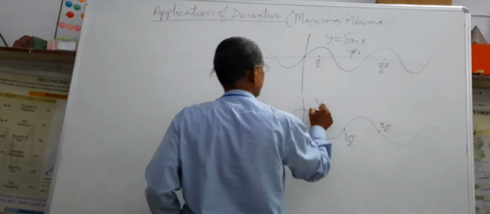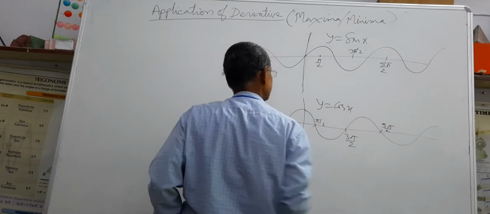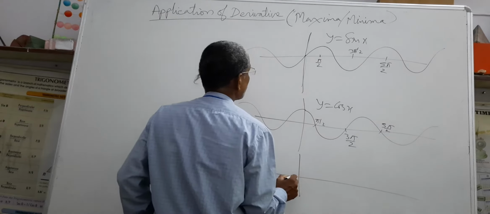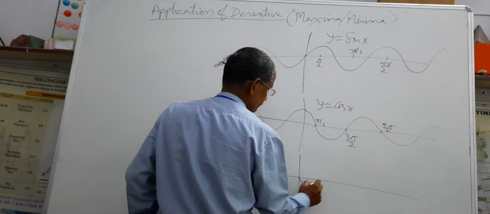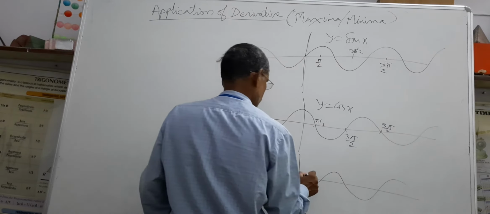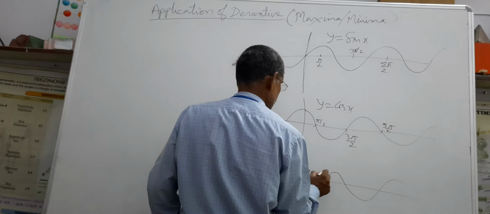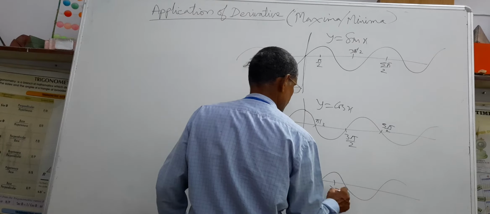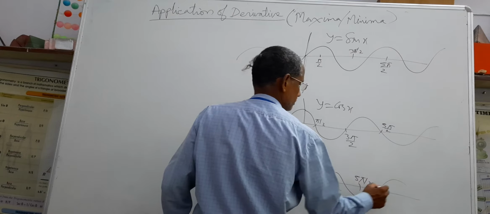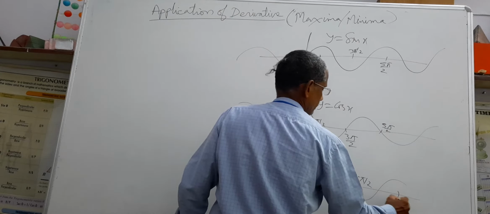This is y is equal to cos x. And take another graph, minus sin x. This is pi by 2, 3 pi by 2, 5 pi by 2, 7 pi by 2 and so on.